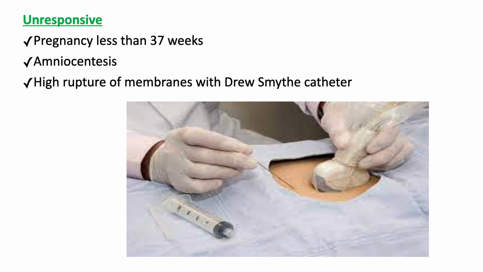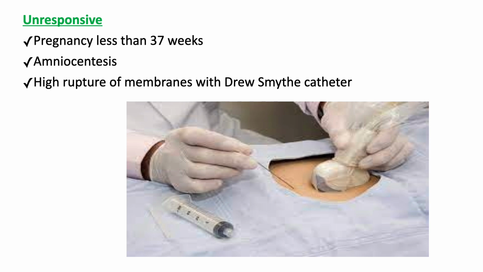Pregnancy more than 37 weeks, what are you going to do? Induction of labor should be done. The following procedure may be helpful. Amniocentesis, that is drainage of a good amount of liquor amnii, to check for a favorable lie and presentation of the fetus. A stabilizing oxytocin infusion can be started.